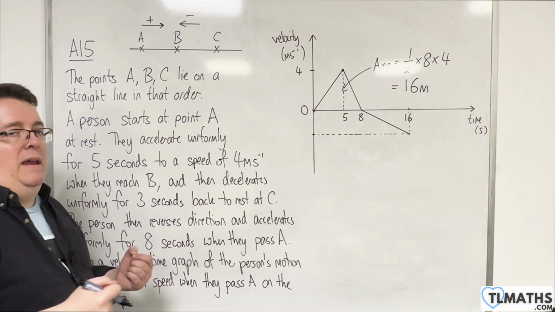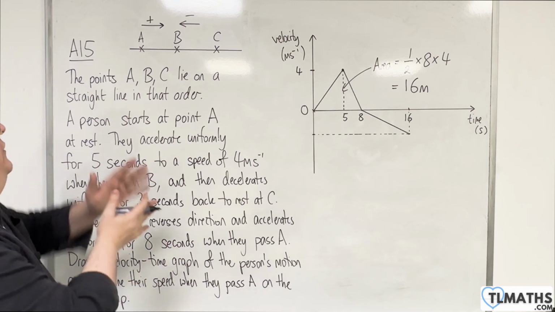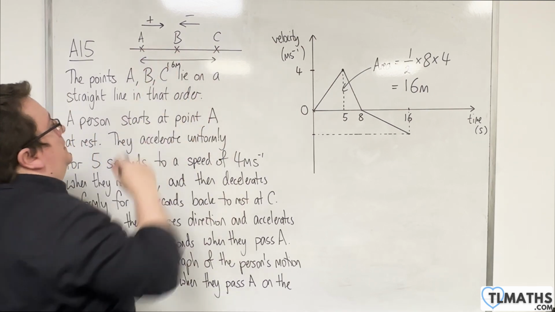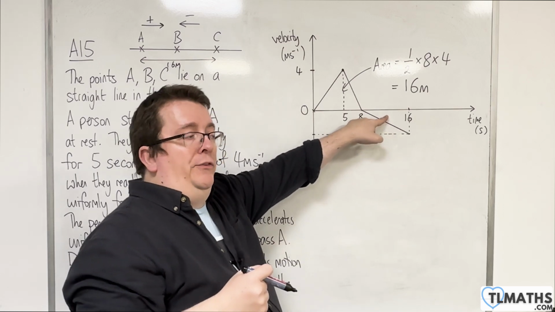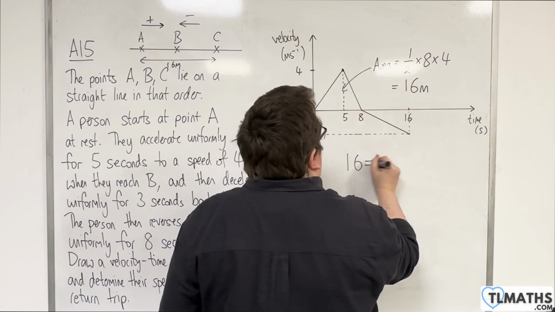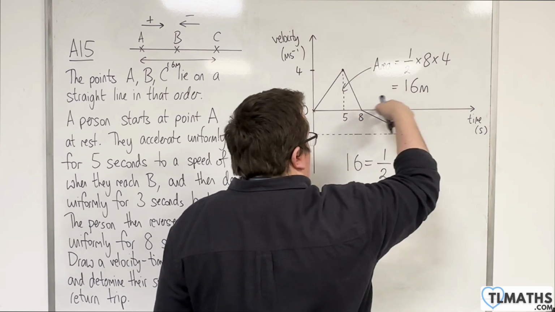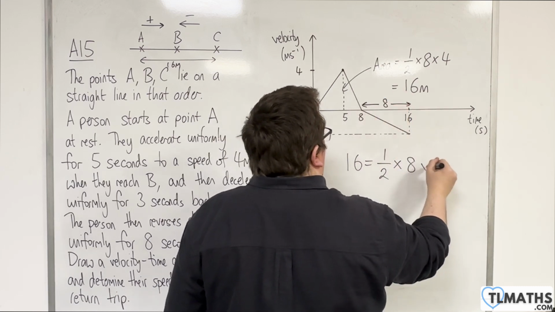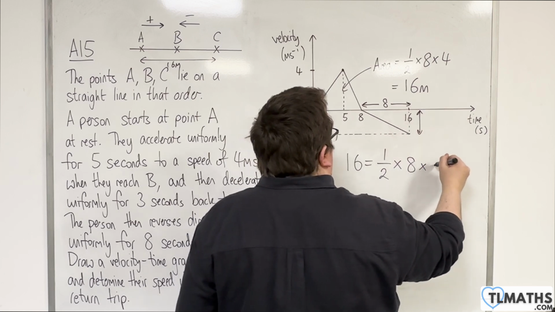So it's 16 meters is the displacement to get from A to C. So that means that this triangle needs to have an area of 16. So if the area is 16, that must be 1/2 times this distance here, which is 8, times this distance here. So let's call that x.